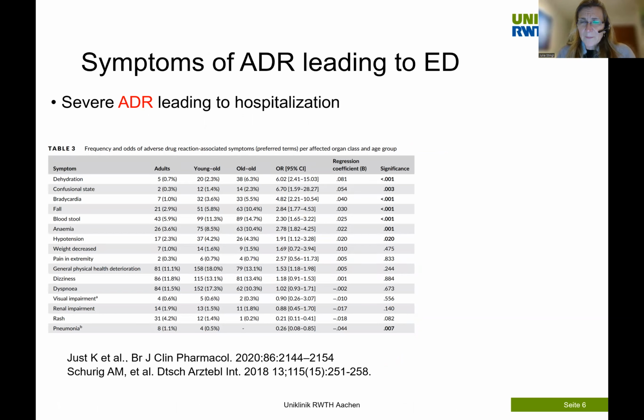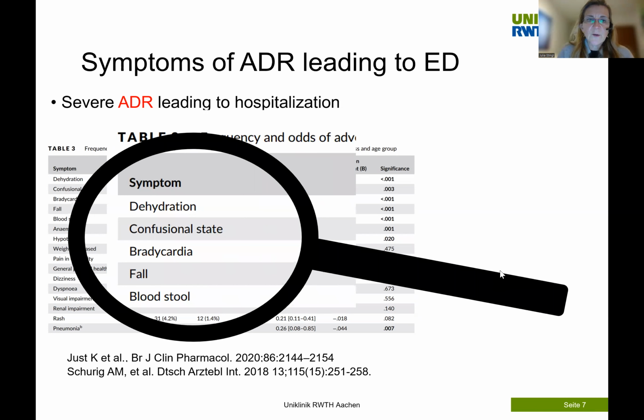So what were the problems? What were the symptoms of adverse drug reaction leading to hospitalization, to emergency visit? Well, it is depicted here in this table. If we look at the most frequent reasons, they are more or less unspecific conditions that lead to symptoms of side effects. For example, dehydration is very common in the elderly people, and it causes all our given drugs to increase in plasma concentrations. So all of the drugs taken at the same time have a higher risk for side effects, and they may present all symptoms of side effects that are caused by these drugs in polytherapy.